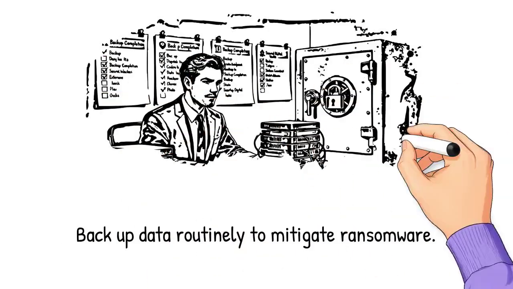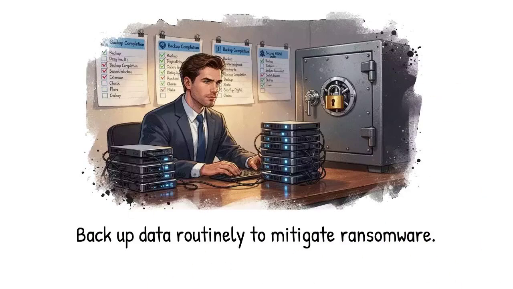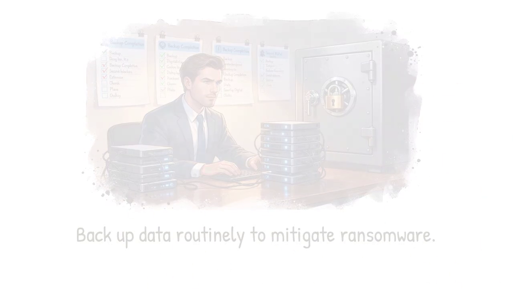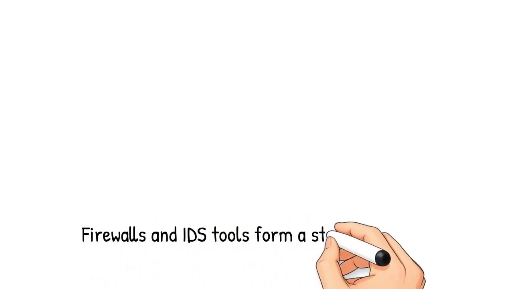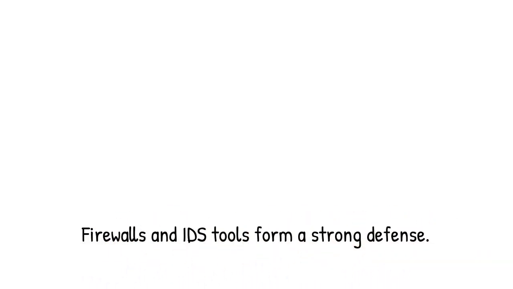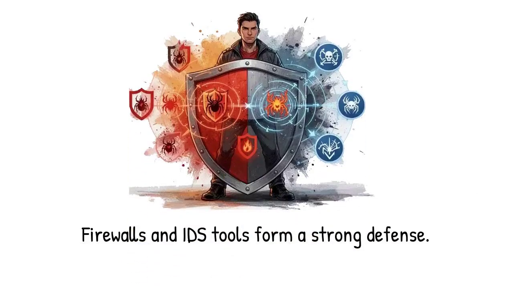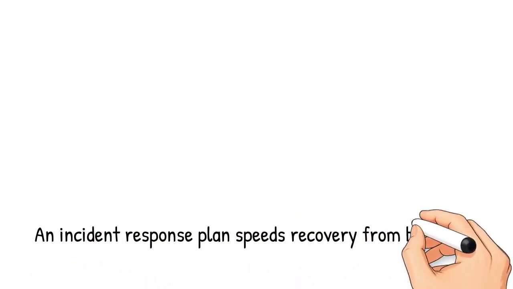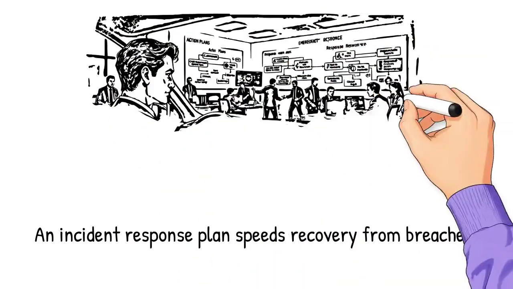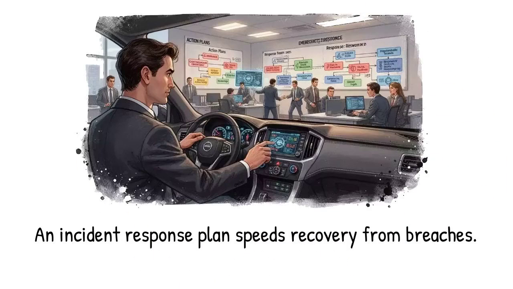Maintain offline immutable backups and test them frequently. Firewalls block unwanted traffic. IDS tools detect suspicious behavior. Together, they form a strong defensive layer. Breaches happen. What matters is how quickly you respond. A well-designed incident response plan reduces damage and speeds recovery.